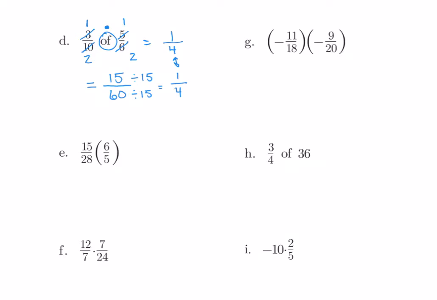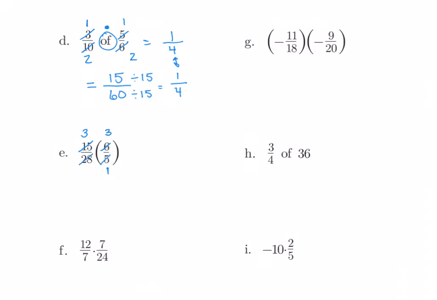If we look at example E, do we have any numbers with common factors? The answer is yes. First one I see is 15 and 5 are both divisible by 5. 15 divided by 5 is 3. And 5 divided by 5 is 1. I can actually go even further. 6 and 28 are both divisible by 2. 6 divided by 2 is 3.